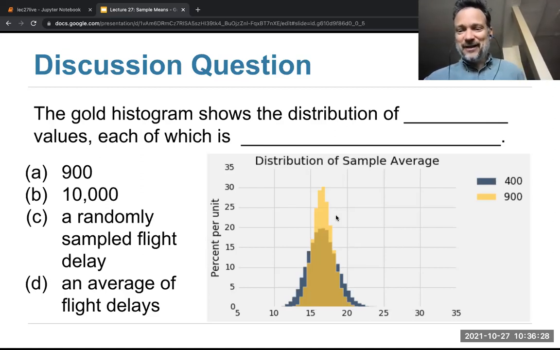Okay, so that was a little tricky. Let me try another way of stating this, and I hope it's not going to add to the confusion. When I draw a sample of 900 from the population, that sample is sort of representative of the population. If I get a sample mean, that's like drawing a sample mean from the set of all possible sample means. So it has some distribution of all sample means.